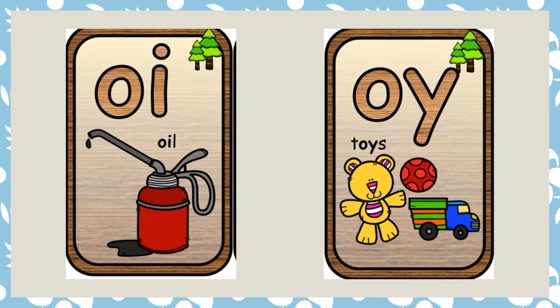On the picture card, it's found at the beginning of the word oil, but in most words that have OI, it's the middle sound. So if you hear a word with OI in the middle of the word, it's OI. OY is the one that's usually found at the end of a word, like toy. Notice that the OI is heard at the very end of the word. This kind of helps you know which one you should use when you're trying to spell the OI sound in words.